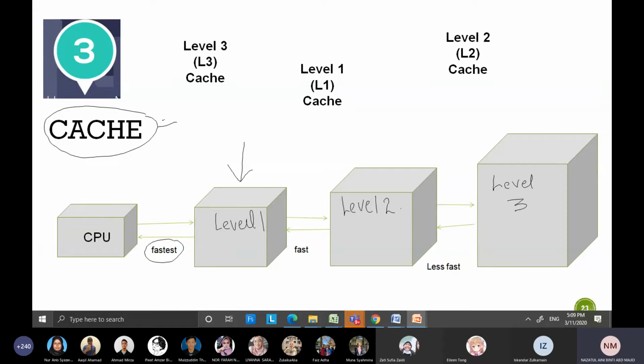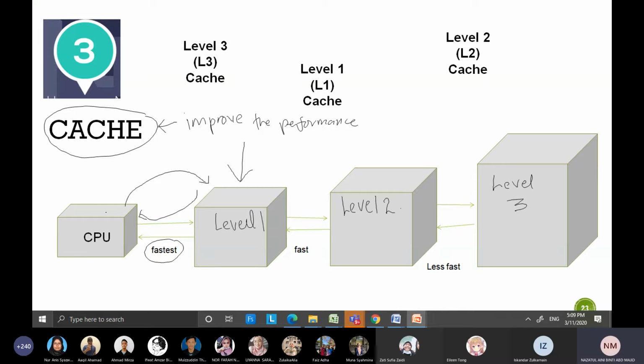Cache is not in the von Neumann architecture, but in our modern architecture and organization, they put cache to improve the performance of the computer, because the idea is that the CPU can execute better if the data that it needs is near to it, and it can reach the data, reach the instruction, as fast as it can.